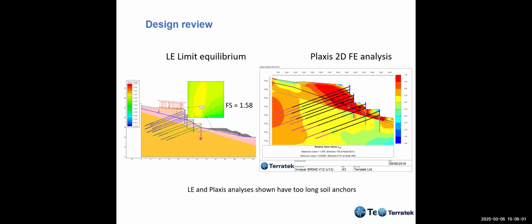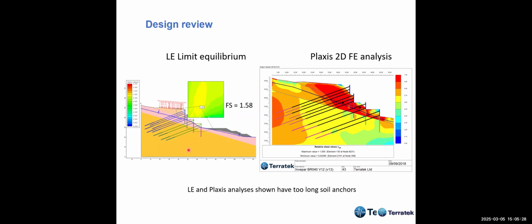And here, as you see, we have a series of walls to be reconstructed, and these are the anchors. As you see here, this was the design by someone else. When we came to the construction site, this was the design, and what we found was too long, not necessary.